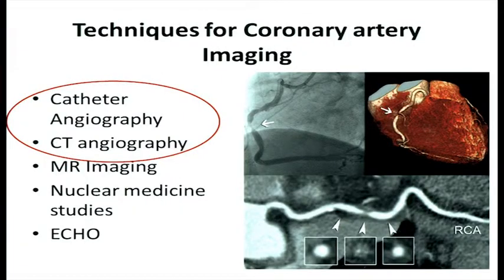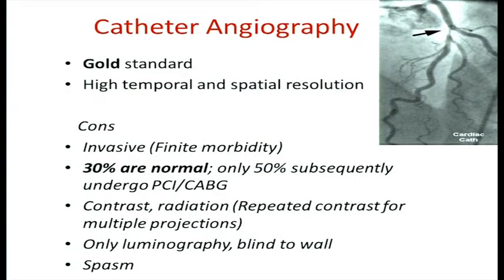There are many techniques available for evaluation of ischemic heart disease, but for evaluation of the coronary arteries, catheter angiography and CT angiography are the two techniques used by virtue of their high spatial resolution. Catheter angiography is still the gold standard because of its high temporal and spatial resolution, and because it is not affected by cardiac motion and respiratory movements.